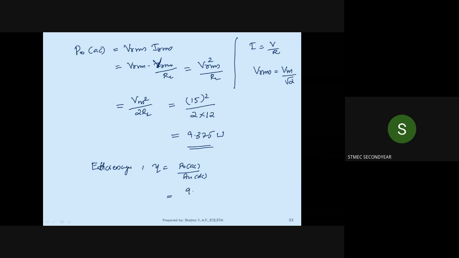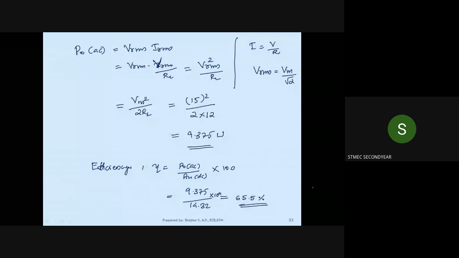That is equal to 9.375 divided by 14.32, into 100, since we are expressing it in percentage. So it is 65.5%. Okay, did you get it?